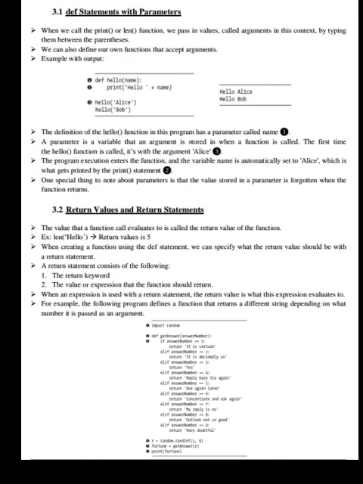A return statement consists of the following: the return keyword, and the value or expression that the function should return. When an expression is used with a return statement, the return value is what this expression evaluates to. For example, the following program defines a function that returns a different string depending on what number it is passed as an argument.